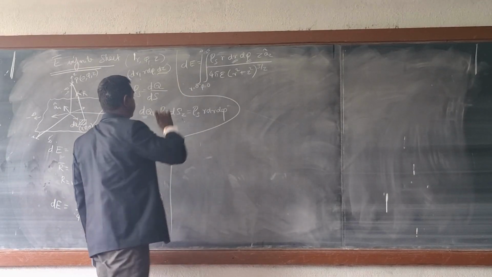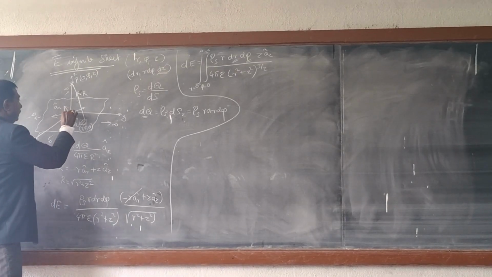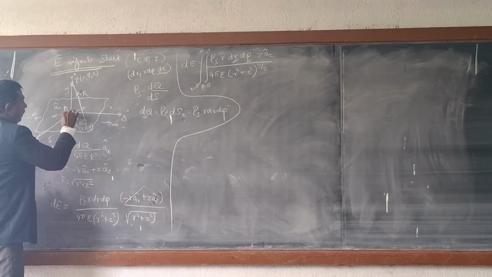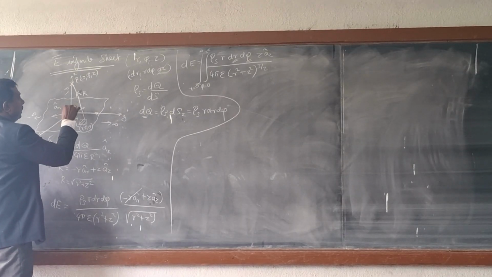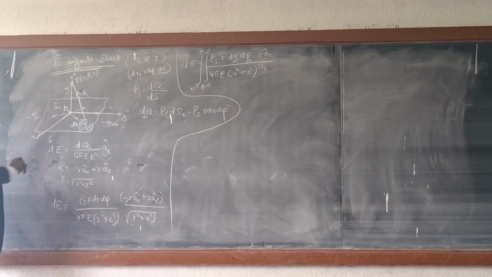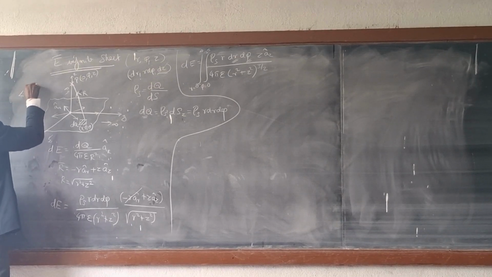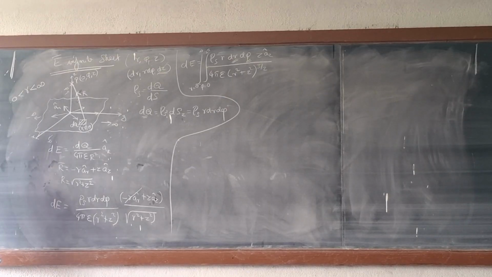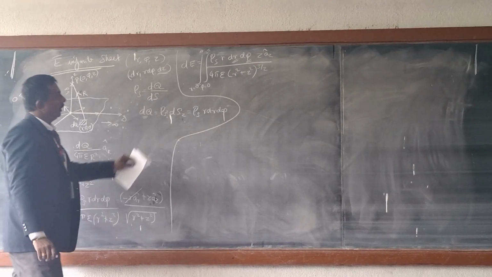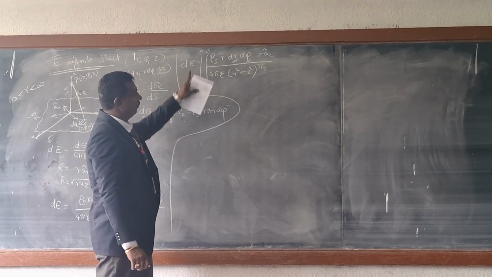Since this is a cylindrical coordinate system we are forming, for the radius the minimum is 0 and the maximum radius will be infinity. So the limit is from 0 to infinity.